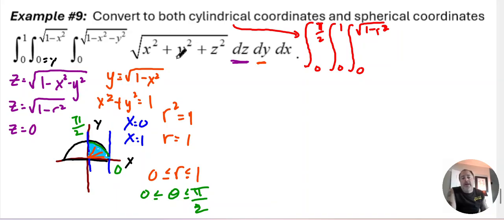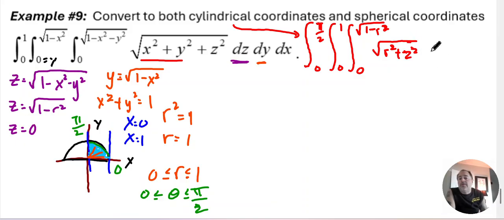And then we're looking at the fact that we have the square root of x squared plus y squared plus z squared. So for the third time, I believe, we're going to replace x squared plus y squared with r squared. And so we have r squared, and then we're going to leave z squared here.